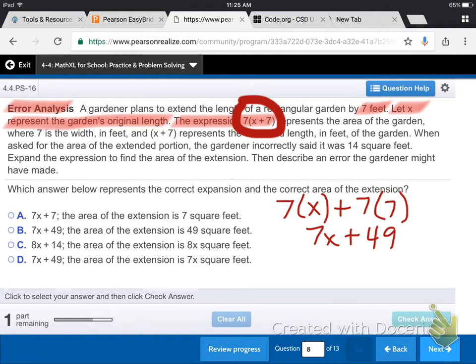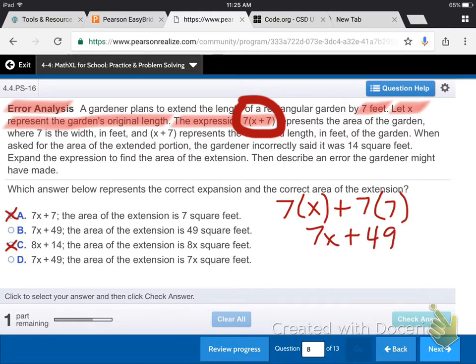So you can see that this is not the answer. We can either choose B or D, but look at the explanation. 7x plus 49. Does that mean the area of the extension is 49 square feet? Yes, because remember, you're expanding. Hang on one second.